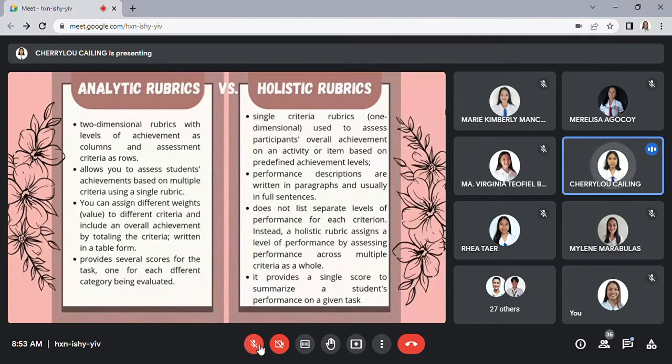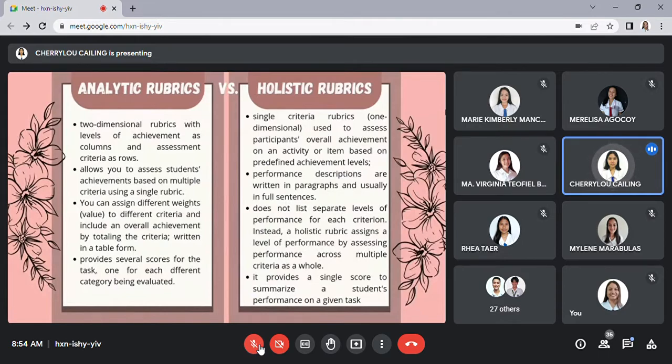Analytic rubrics allow you to assess students' achievements based on multiple criteria using a single rubric, while holistic rubrics have performance descriptions, which are written in paragraphs and usually in full sentences.